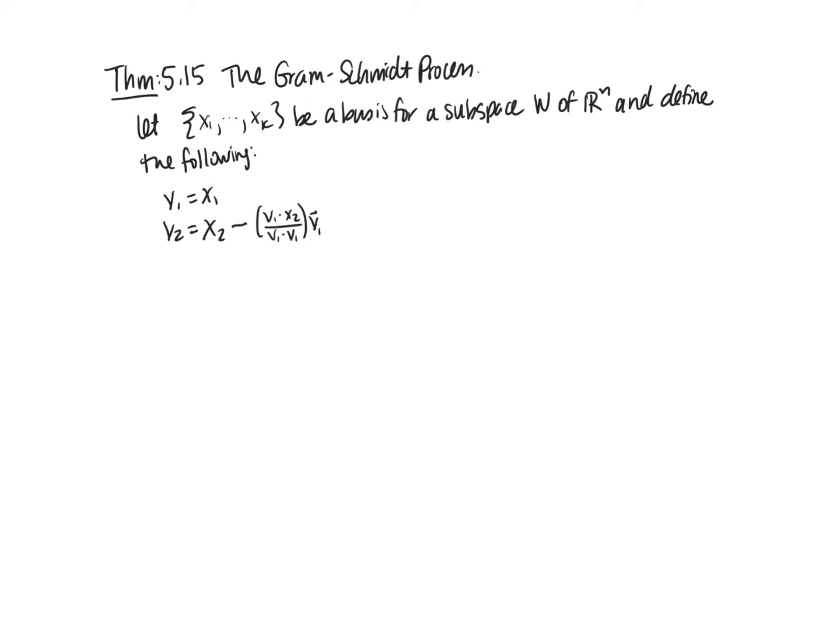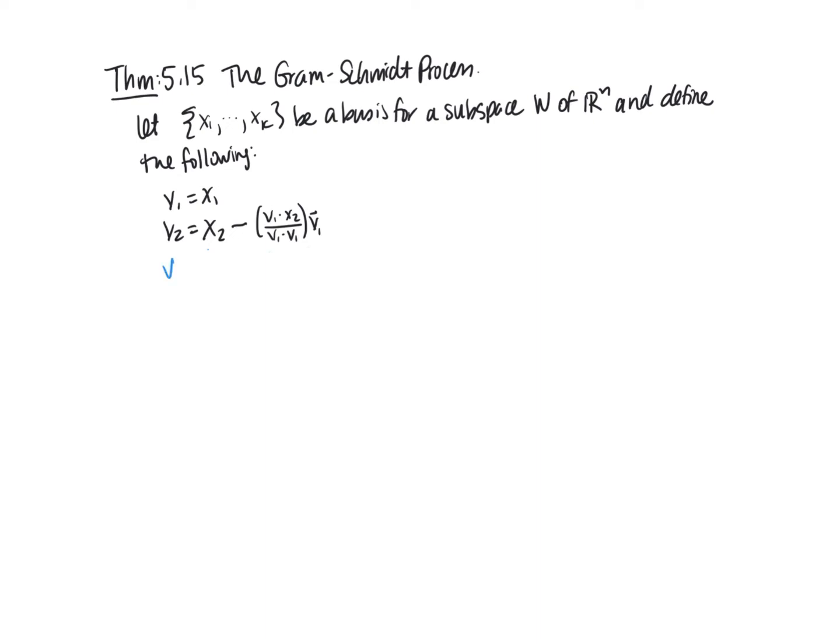So you recognize this part here as the projection. I think I was using blue for the projection earlier. So if we take the vector minus the projection onto the previous vector, then what we're left with is the orthogonal part of x2. So then V3 is going to be more of the same.